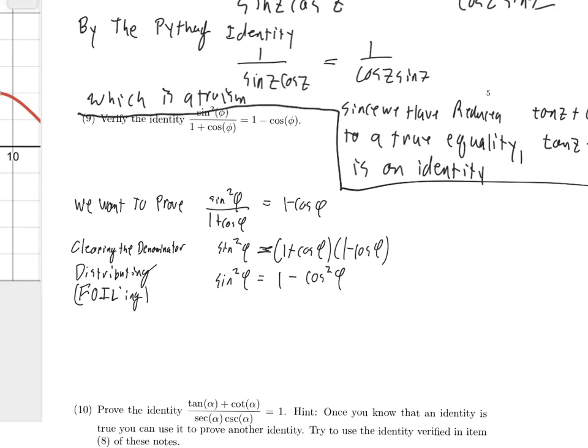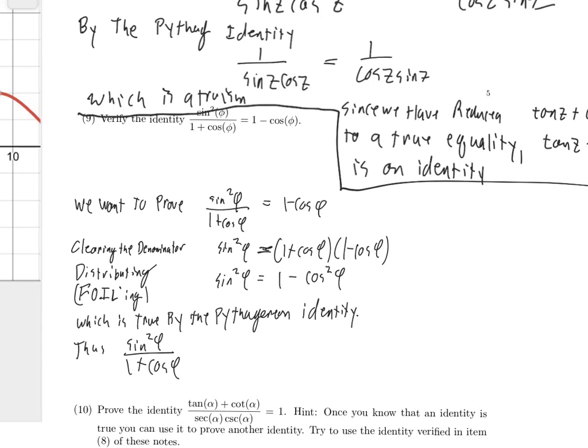Which is true by the Pythagorean identity. Thus, sine squared of phi divided by 1 plus cosine phi equals 1 minus cosine phi is an identity.